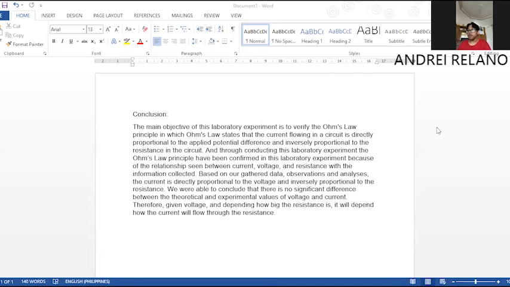With the information collected, based on our gathered data, observations, and analysis, the current is directly proportional to the voltage and inversely proportional to the resistance.